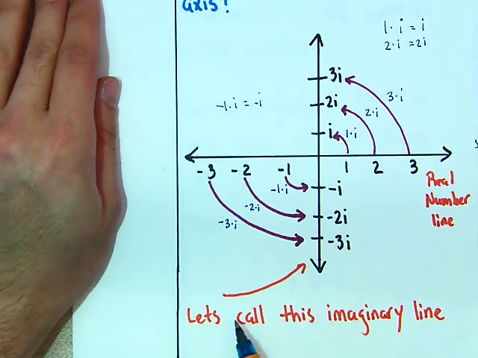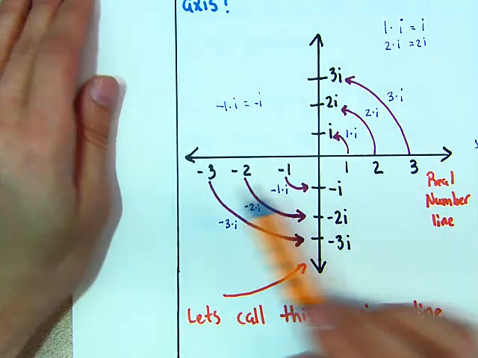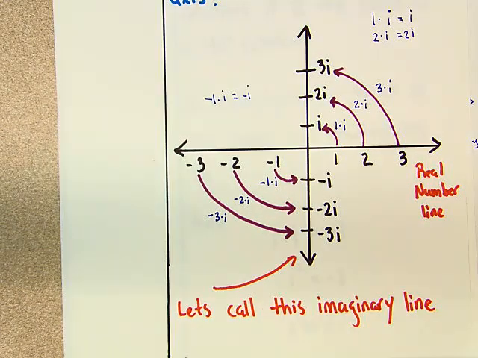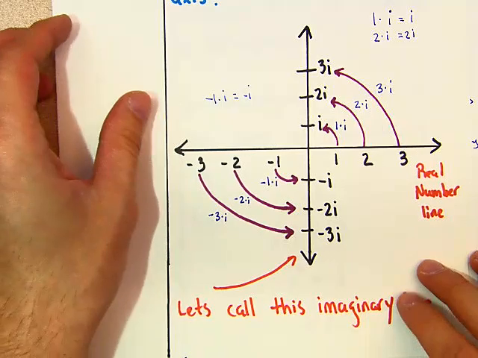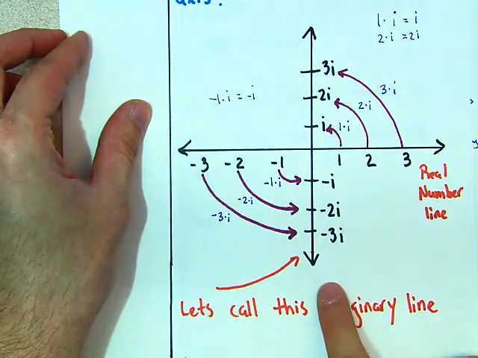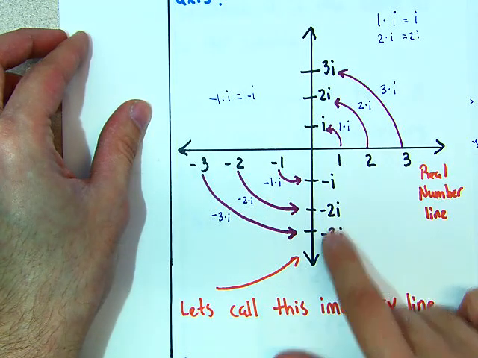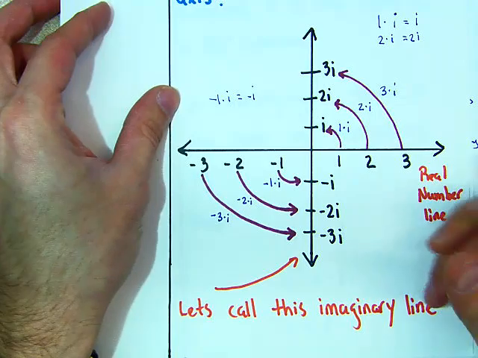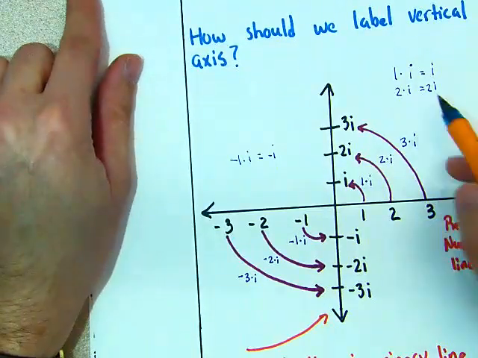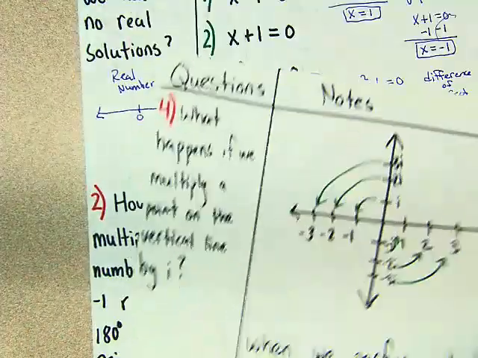Let's call this line the imaginary line, and this is your real number line. This is the imaginary line. We're going to have i, 2i, 3i, negative i, negative 2i, negative 3i. So this is the number that rotates 90 degrees. Okie dokie. And we're almost done with the lesson.